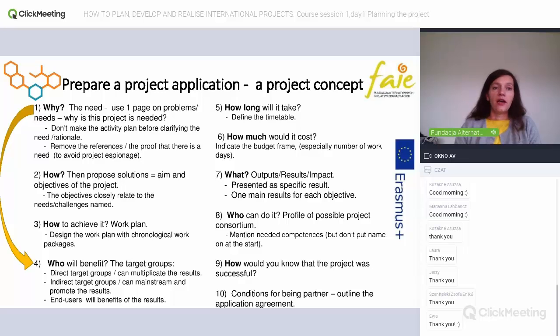And the advice is not to make any plans for activities before you clarify the need. Obviously, I do understand that civil society organizations, people usually think by actions. We need to do this, we need to do that.